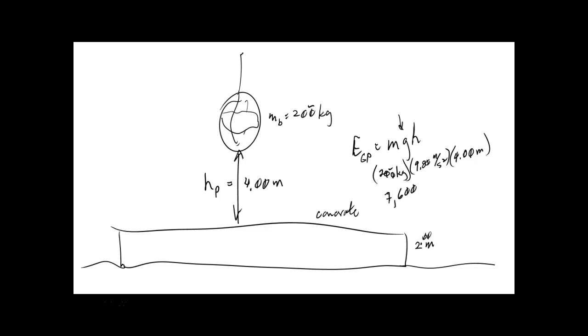No, add, multiply. Those things are multiply. Wait. No, that's a 200. 200 kilograms. Your mass. 200 kilograms times 9.8 meters per second squared times 4 meters.